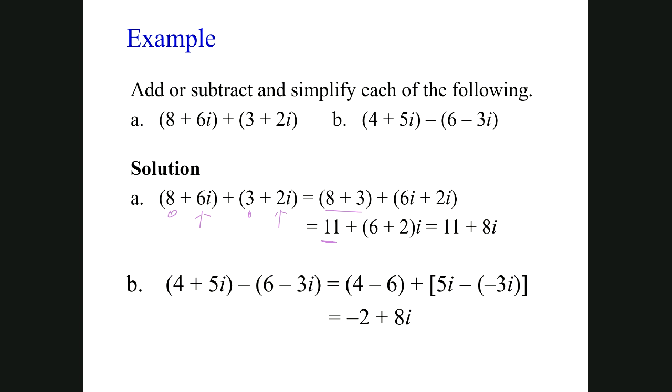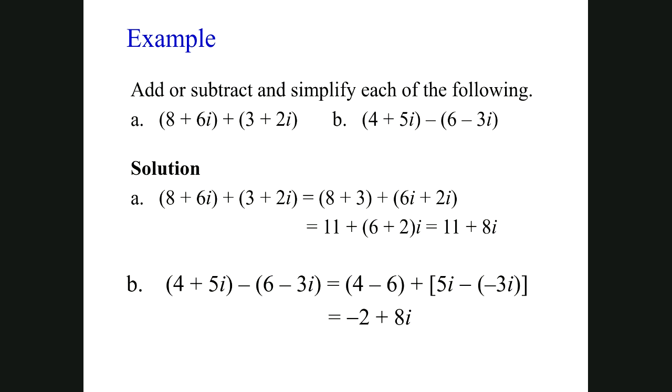This is just like a term. Just like if you have 6x plus 2x, what do you get? You get 8x. Same thing as i. So if I have 6i plus 2i, I put an i outside and just use 6 plus 2. So I got 8i in here, okay? So this calculation should be pretty straightforward.